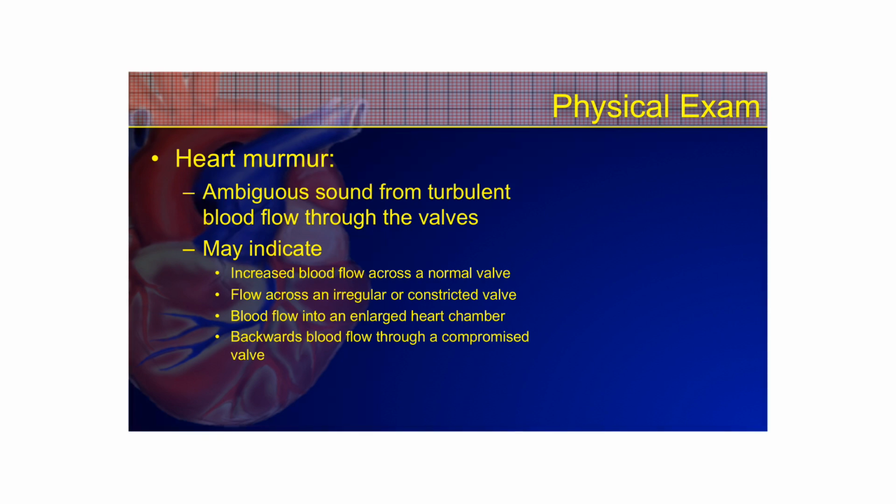And the flow across an irregular or constricted valve can also occur, causing a heart murmur, or blood flow into an enlarged heart chamber, like when you have LVH, RVH, or the atrial enlargements, or backward flow through a compromised valve. So when they have valvular regurgitation, or aortic regurgitation, that kind of thing, that backwards flow is going to be turbulent and sound like a heart murmur.